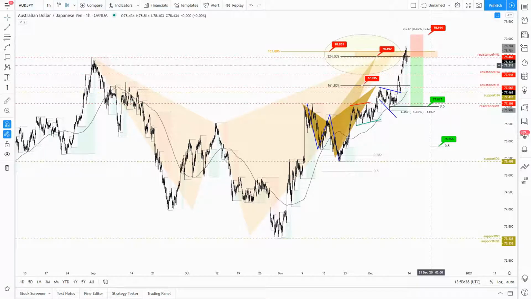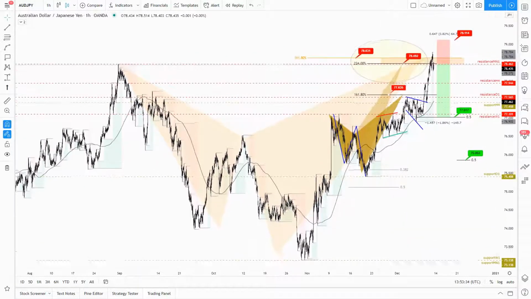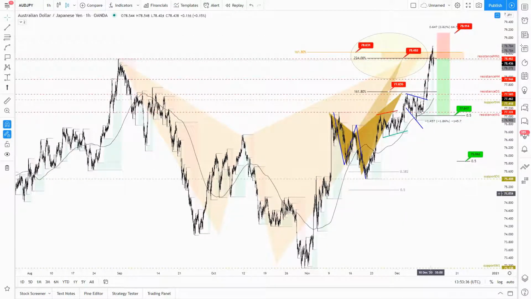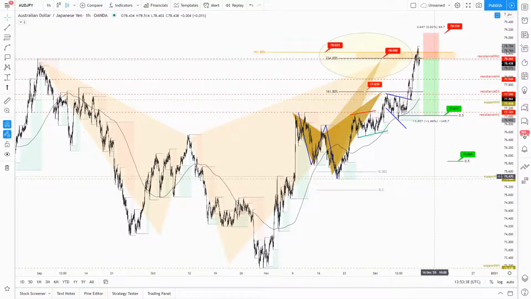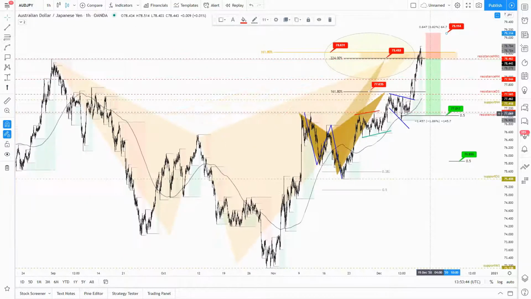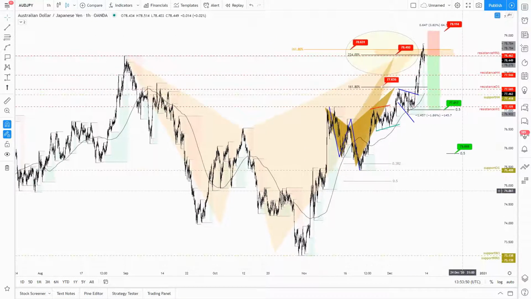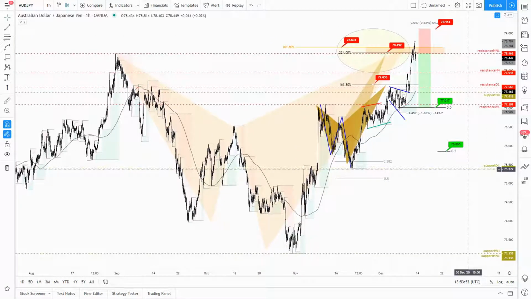As some of you already know, I also shared some of those patterns with a small group of people, and usually I tend to share exactly what you see here, with a suggestion to go short for the Australian dollar with default targets and limits already predefined. So basically this is my 2 cents for the Australian dollar versus the yen.